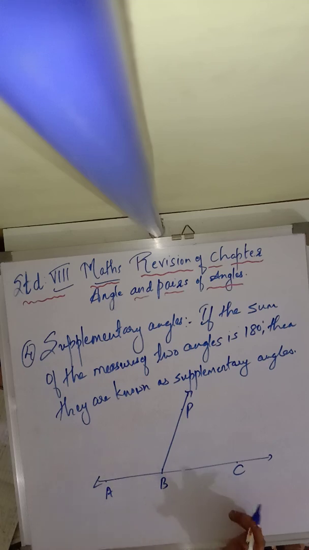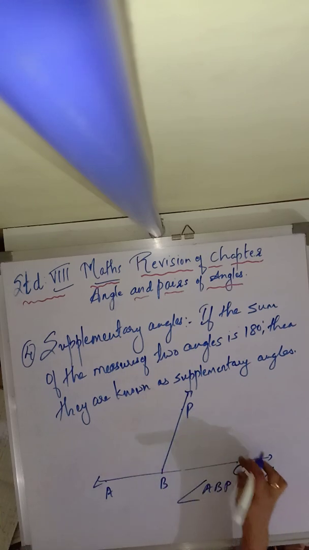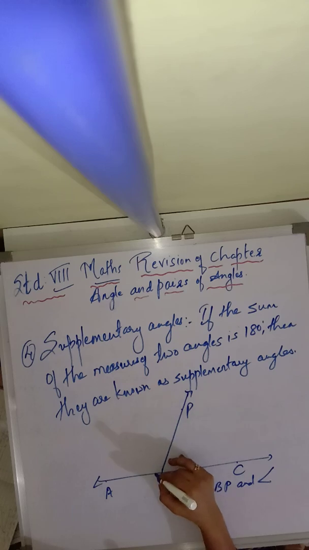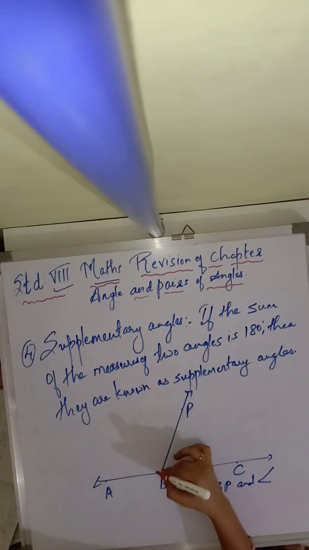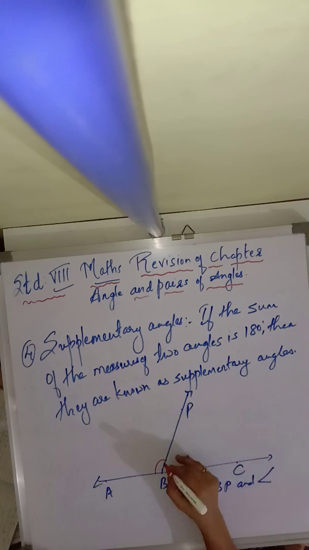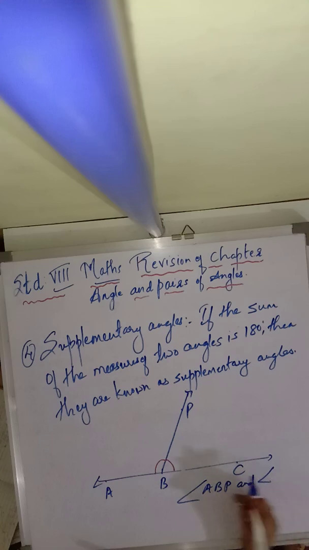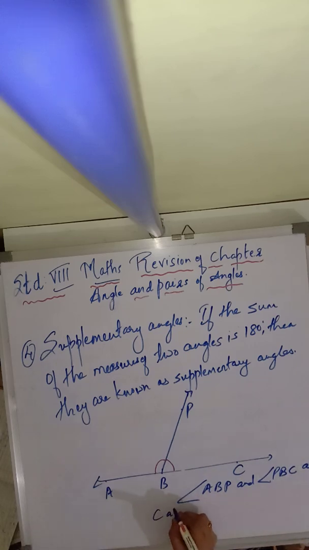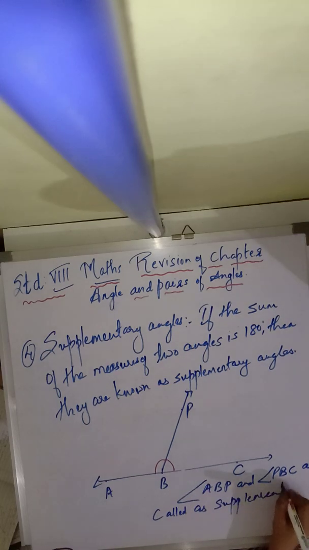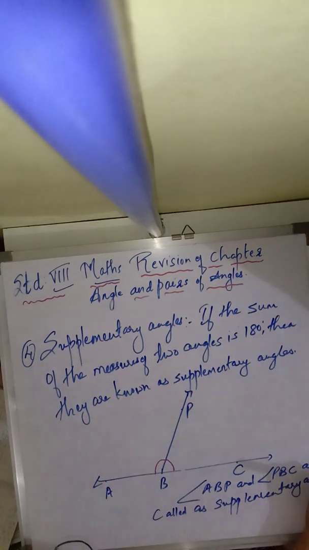Angle ABP is this angle, and angle PBC is this angle. Yes or no, children? So angle ABP and angle PBC are called supplementary angles.